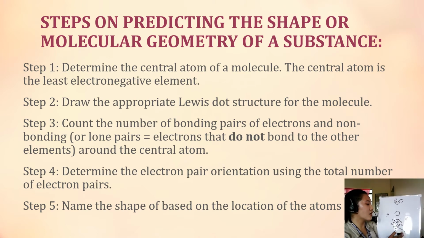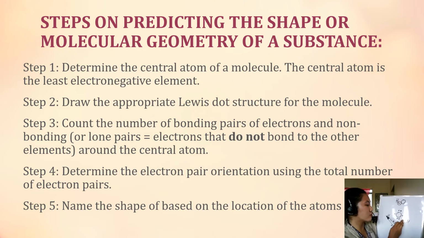So, the dot will be 6 as well. So, 1, 2, 3, 4, 5, 6. So, this is the Lewis dot structure for oxygen. Okay, na-gets na? So, yung Lewis dot structure is depende sa valence electron ng element. Okay?